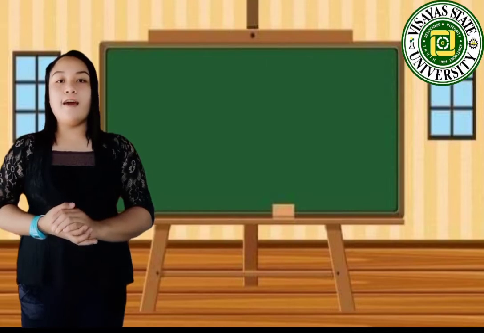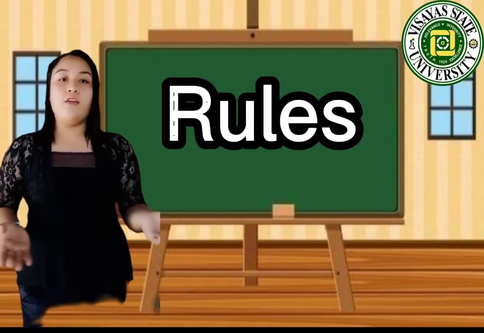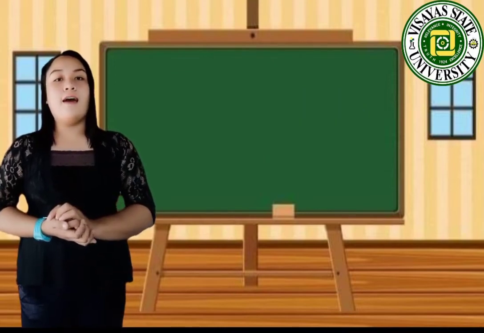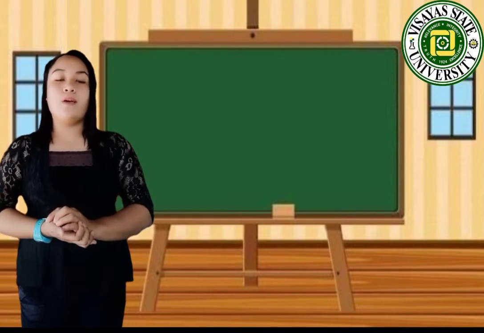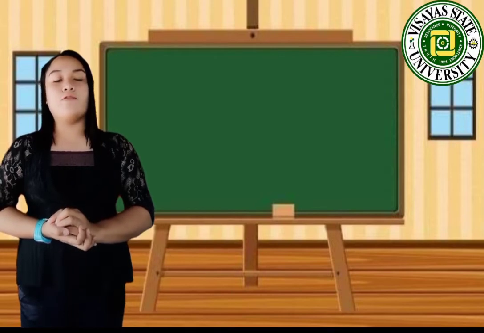Very good. So, we have different rules of adding and subtracting fractions. Take note, kids, that I am going to give a quiz after this, so better bear with me, class.